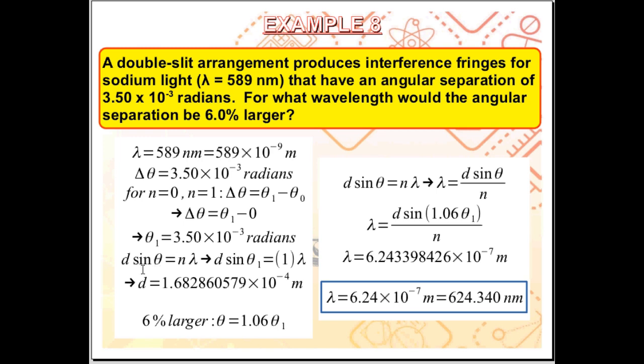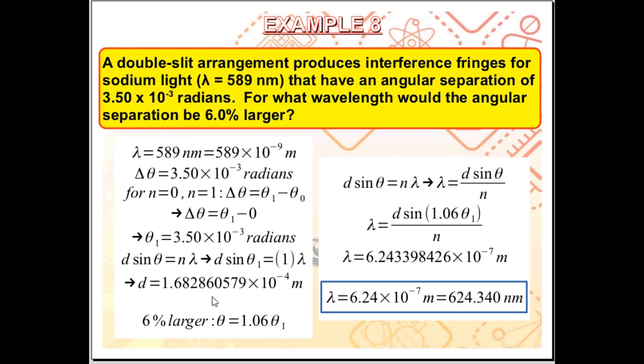If we now use the d sine theta is equal to m lambda equation for the double slit, set theta to theta 1. That means m is equal to 1. Knowing the wavelength, 589 nanometers, we are able to calculate the slit-to-slit distance, 1.68286059 times 10 to the negative 4 meters.